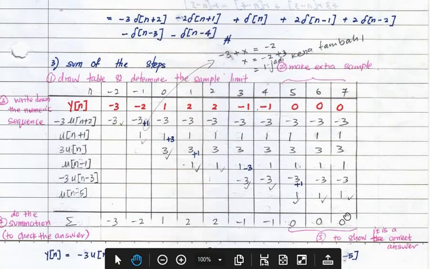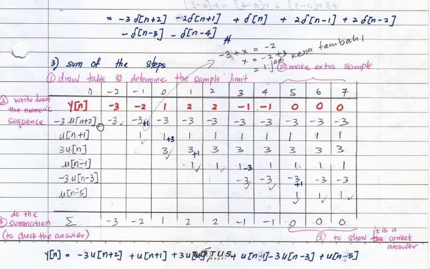And then the last part is you sum up everything and you get 0, 0, 0. So this 0, 0, 0 is to show that it's a correct answer. Okay, you sum up everything. This one also sum up. Then you check whether your summed value is the same as the numeric sequence. If it is the same, this means that the sum of the steps here is correct. Otherwise, you need to check your answer.